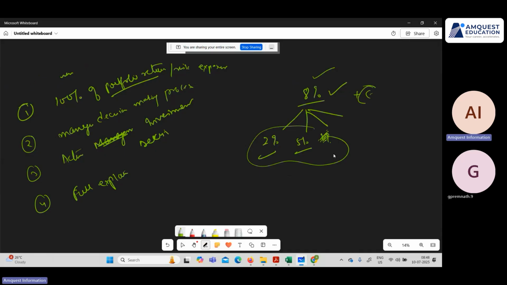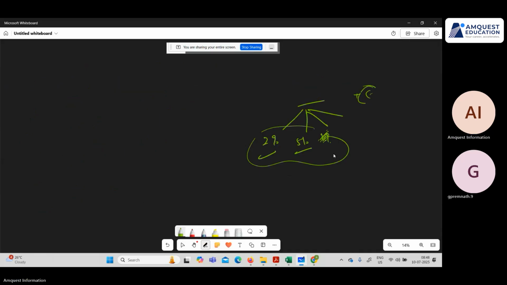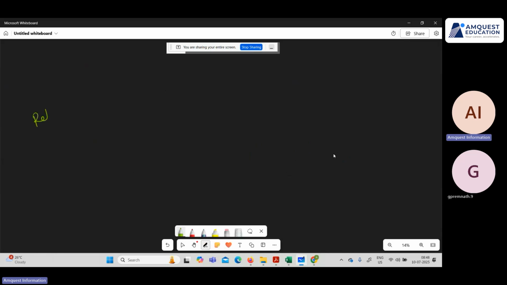Now, it also says there is something called return attribution. And obviously linked to that is my risk attribution.